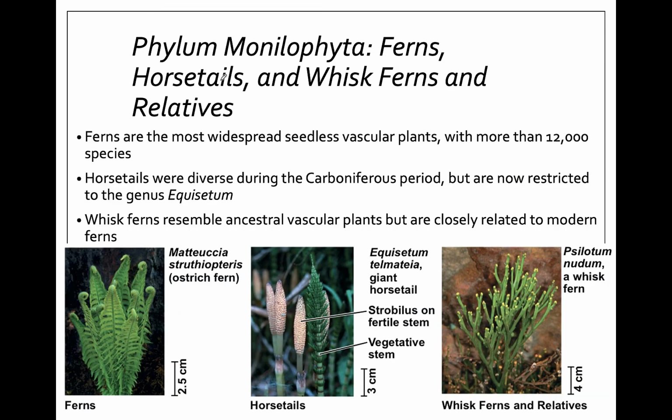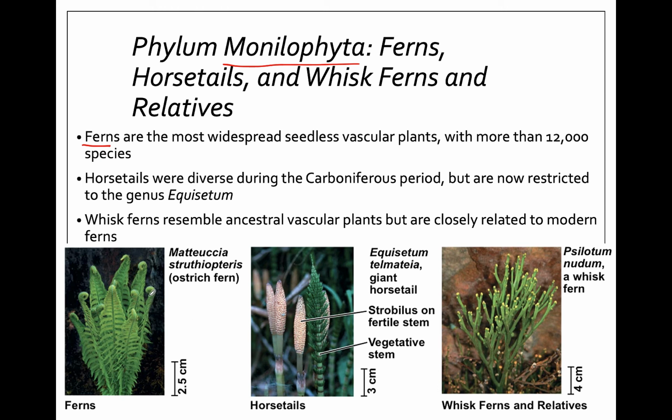The other clade of vascular seedless plants is called monilophyta. These, we believe, are sister to the seed plants, so more closely related to the seed plants. Amongst these are ferns, typically the most widespread group. These are common in Florida, so if you go look outside and walk around, you'll probably see many ferns.